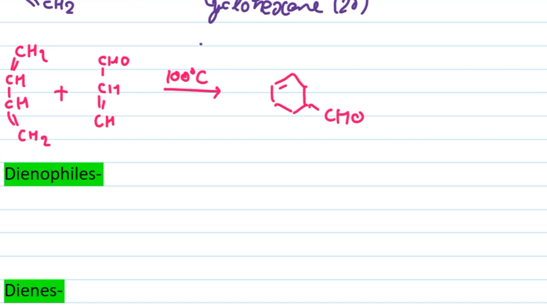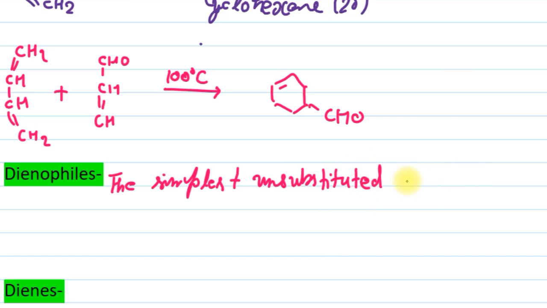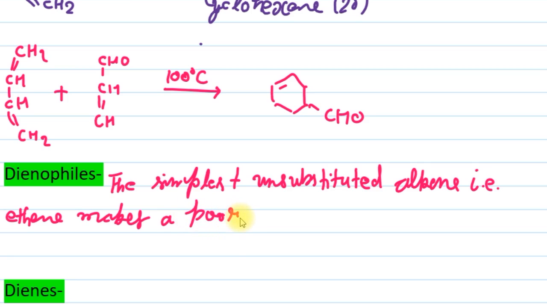The simplest unsubstituted alkene, that is ethene, makes a poor dienophile.